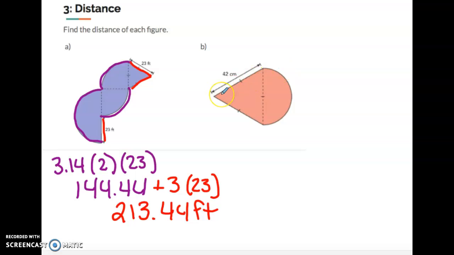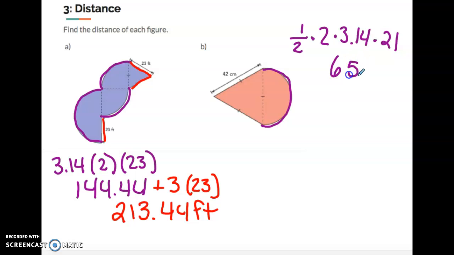Now in B, we will start with the circular piece. So this outside is half of a circle. So we're looking at 1/2 times 2 times 3.14 times the radius. This goes all the way across that 42. So half of 42 is 21. Half times 3.14 times 2 times 21 is 65.94.